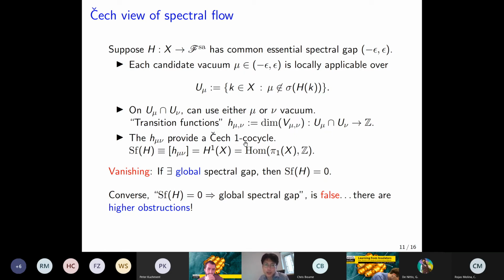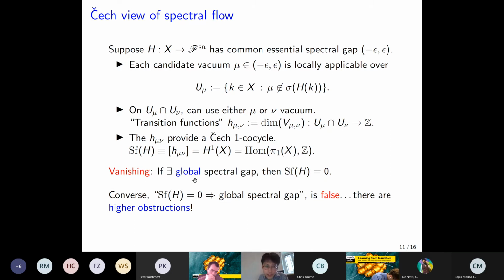This is nothing but a Czech one-cocycle in terms of Czech cohomology, and it has a cohomology class in the first cohomology of X. The first cohomology of X is just all the homomorphisms from the loops into the integers. So for each loop in X, you can count the spectral flow along that loop, and this information is exactly the cohomology class, and the data specifying the cohomology class is this Czech one-cocycle of these transition functions. So that's spectral flow from a Czech point of view.